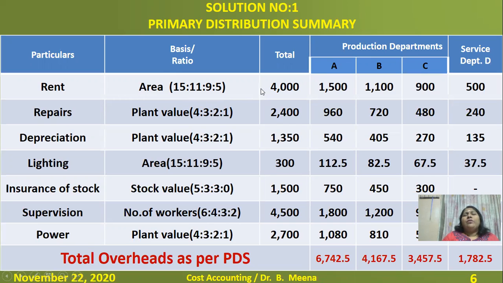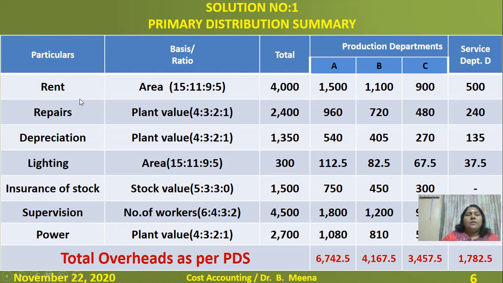So 15 by 40 for A, 11 by 40 for B, 9 by 40 for C, 5 by 40 for D. Out of 4,000 you will get these amounts: A 1,500, B 1,100, C 900, D 500. I think you understand how to handle the first expense.